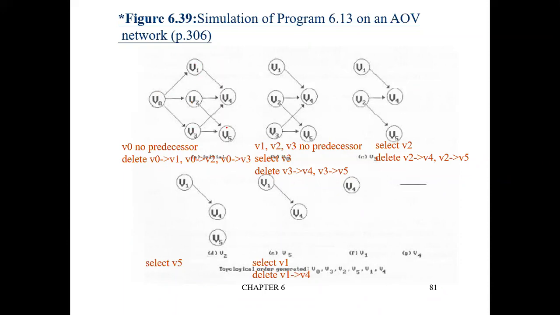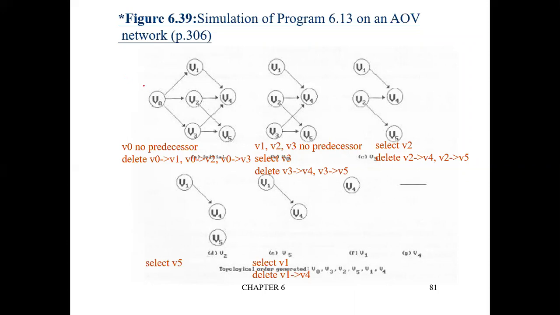So this is where the algorithm starts. At any point, if you are unable to identify a vertex with in degree 0, then you have to stop the algorithm and say that the particular graph contains a cycle and topological sort cannot be done.